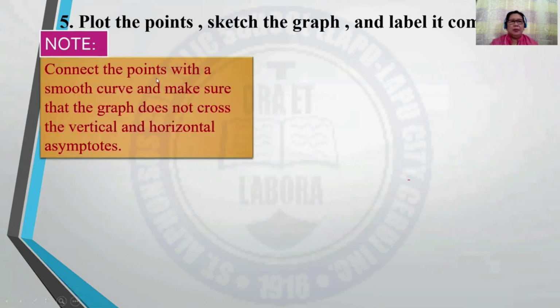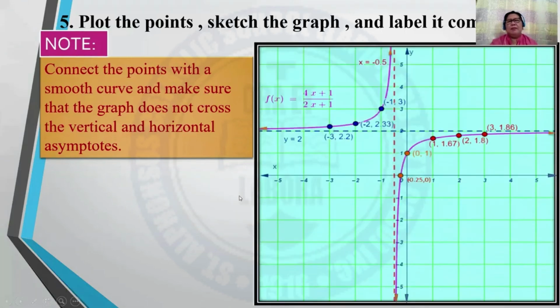Connect the points with a smooth curve and make sure that the graph does not cross the vertical and the horizontal asymptotes. So it's here. The points are here. And connect it with a smooth curve.